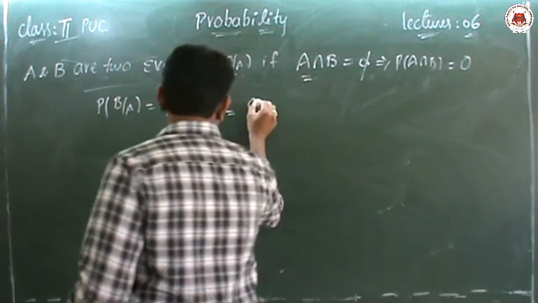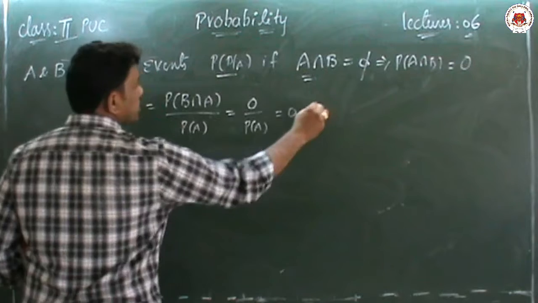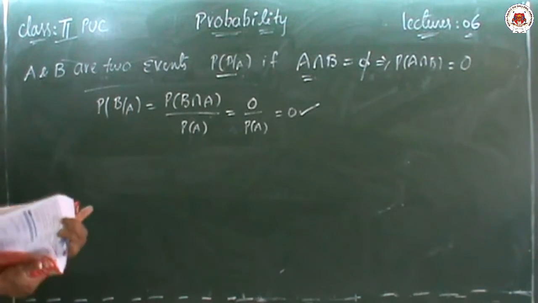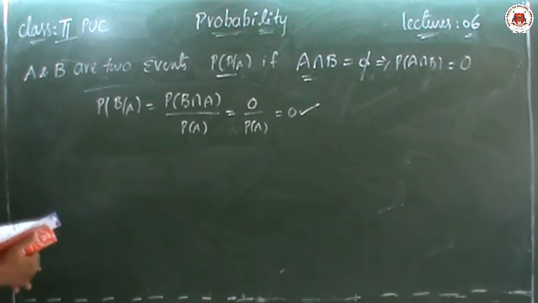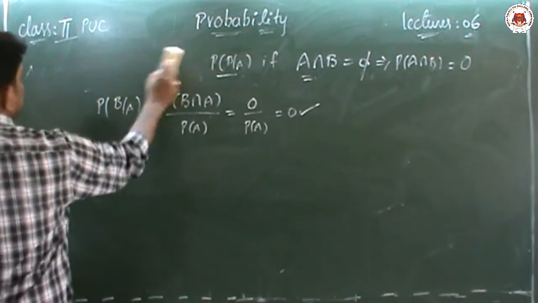So 0 by P of A, and 0 by any number is 0. So the answer is 0. That's it. This question was asked in 2014.